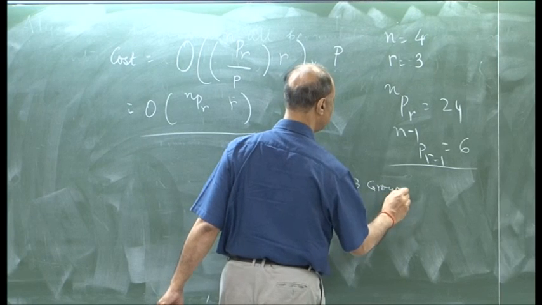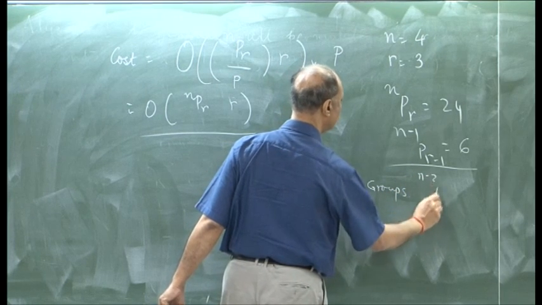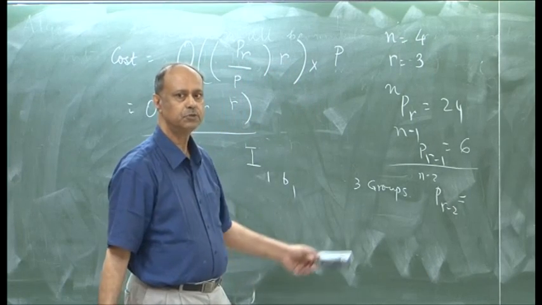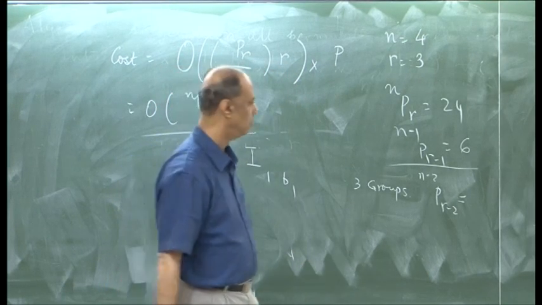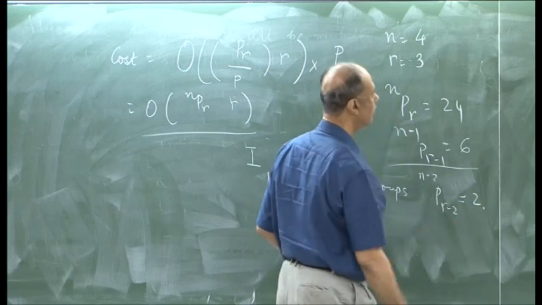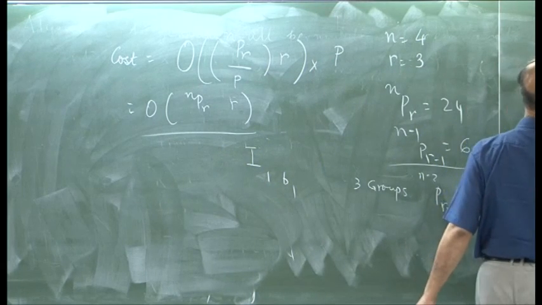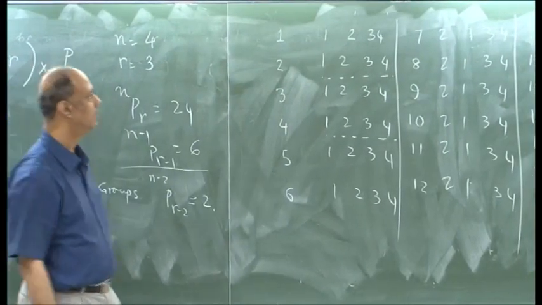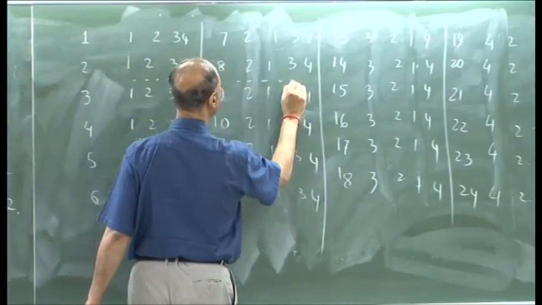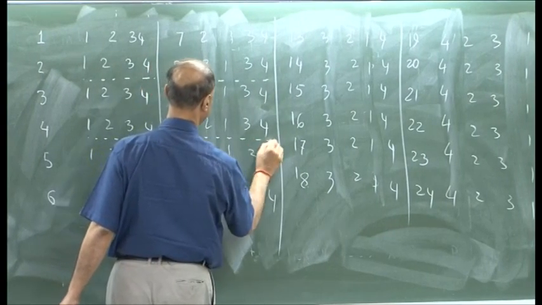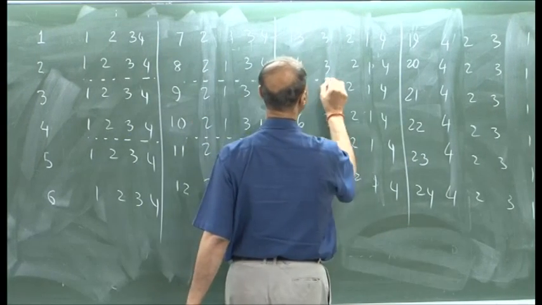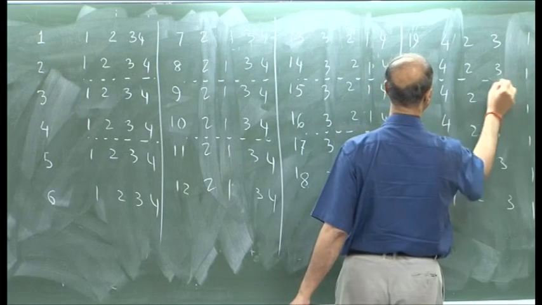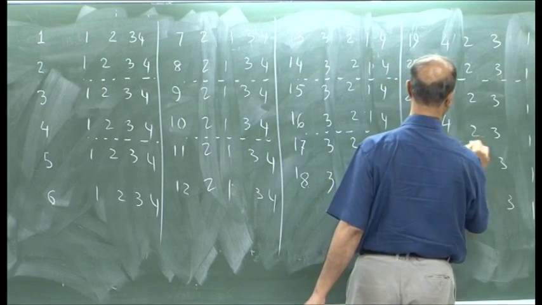Each group is of size nPr minus 2, which is 2. So you have divided into 3 groups, and this is also 3 groups, and this is also 3 groups.